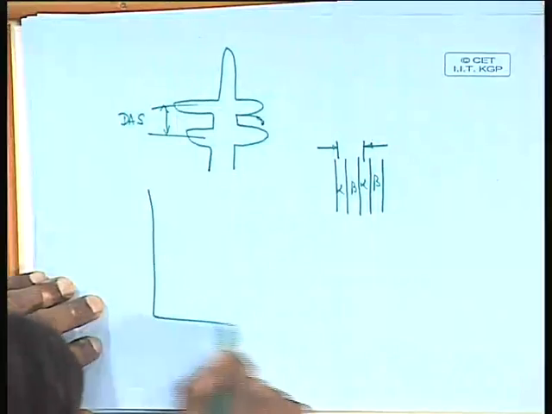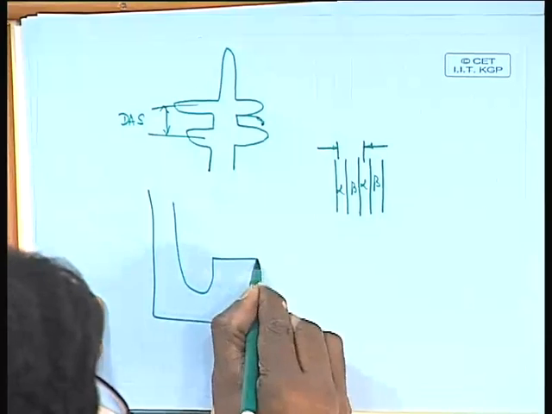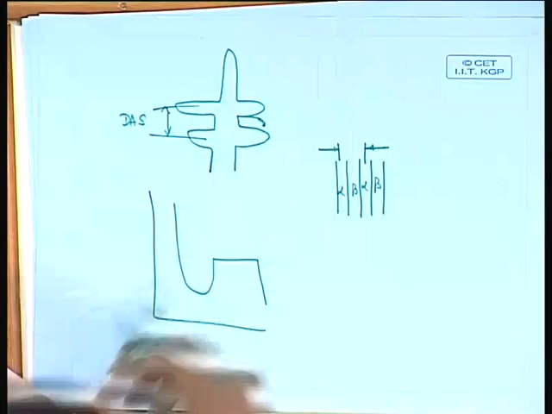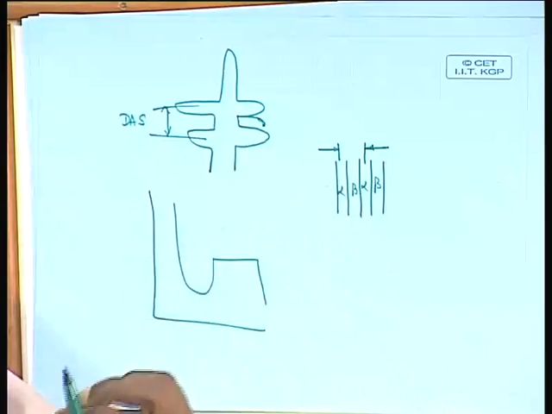So you will get this kind of a cooling curve if it is a pure metal. And from that one can really measure what the undercooling is. And then you look at the microstructure and correlate the undercooling to the microstructure. So levitation is one technique people have used.